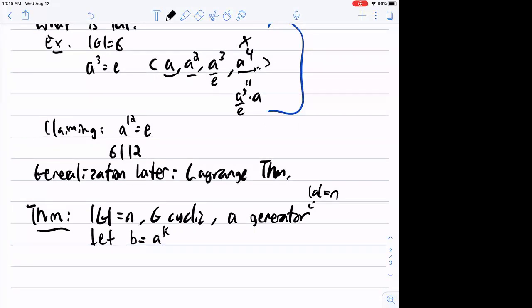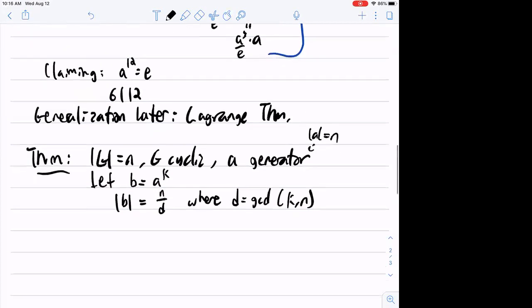This is certainly true, because any element of G is some power of A. Then the order of B is n over d, where d is the GCD of K and n.